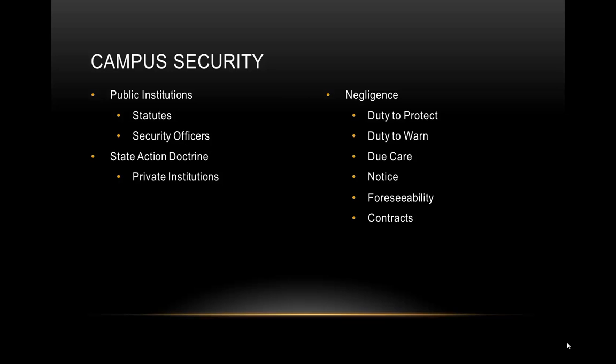A reasonable person could assume that somebody could fall down that hill and get hurt. So by not putting up a fence, when somebody fell down, they could be held negligent for that situation. And all of this, like I said, is typically covered in contracts. And if there is a breach of some sort of promise to student safety or campus security, then they can also be held negligent as well.